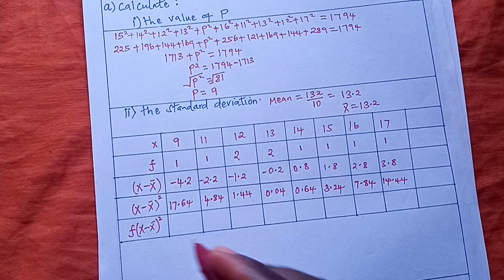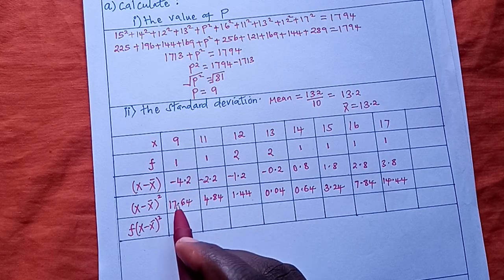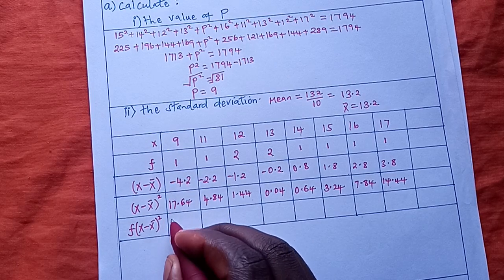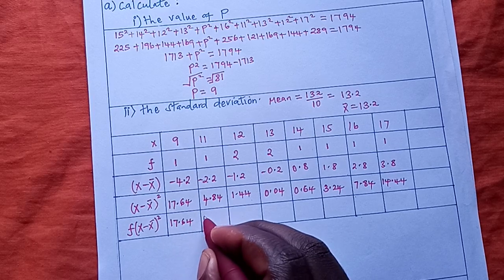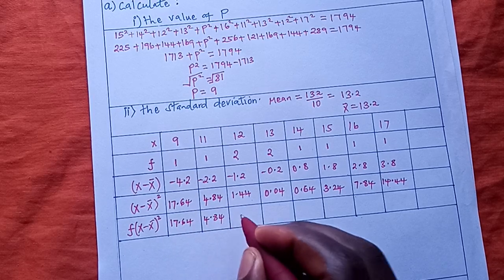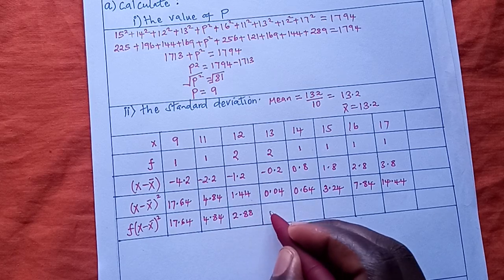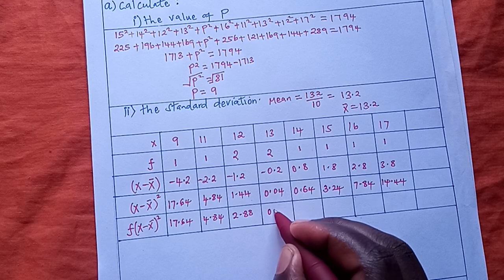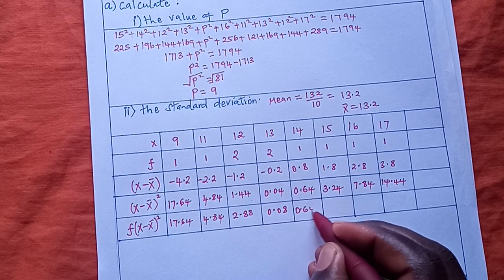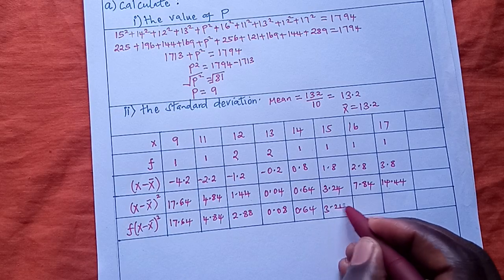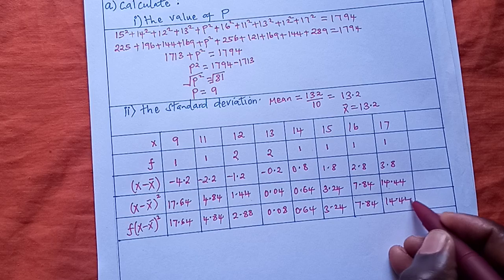That is okay. The next one, we are going to multiply by the frequency here. 1, you multiply by 17.64, it will remain 17.64. We have 4.84 times 2, this is going to be 9.68. Then times 2, 0.08, times 1, 0.64, 3.24, 7.84, 14.44.